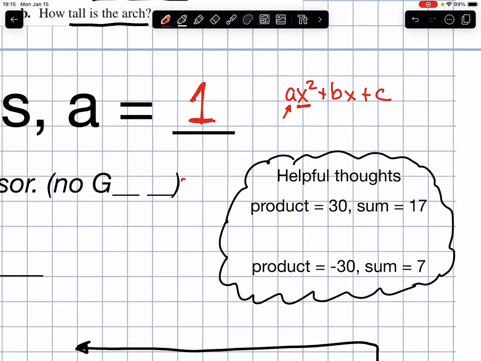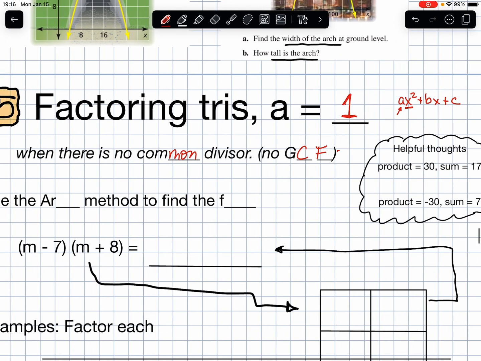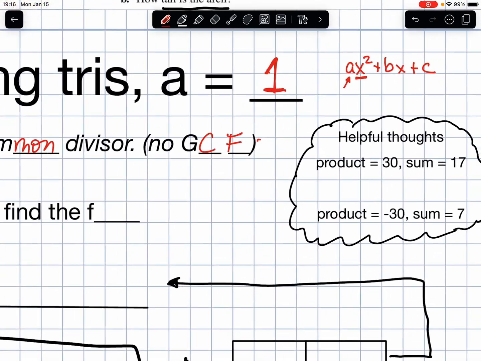So we just write a 1. All right? Another thing to keep in mind is that unlike 7.4, there is no common divisor, sorry, there's no GCF that we can divide through. All right? And one more thing before we dive into the problem.